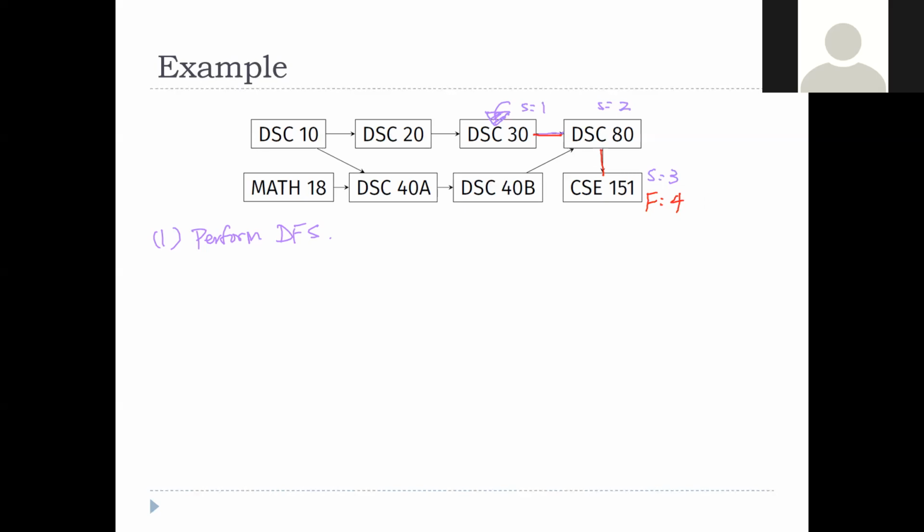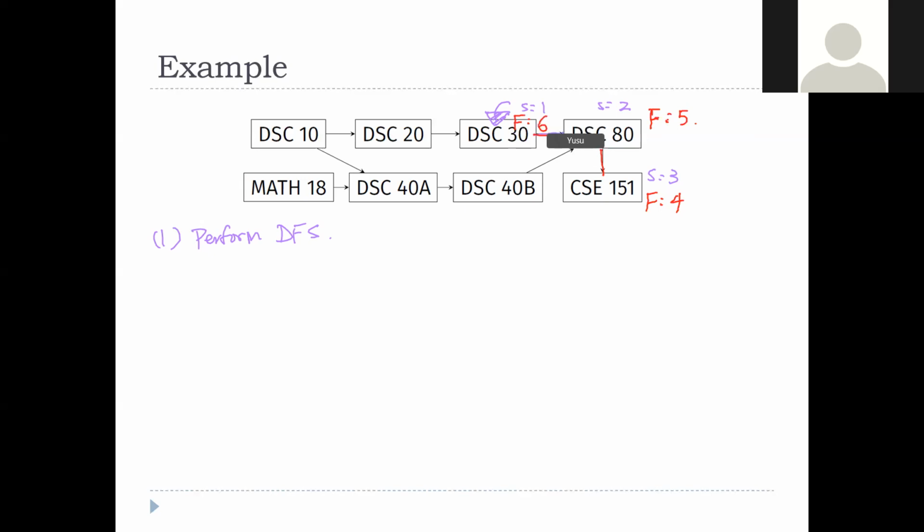Then we go back to DSC 80, which doesn't have any other neighbor either, so we're done with this one too. We go back to its predecessor, DSC 30. DSC 30 doesn't have any other neighbor, so we're done with DSC 30 as well, and we put the finishing time to be 6.